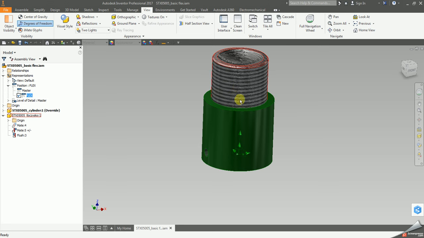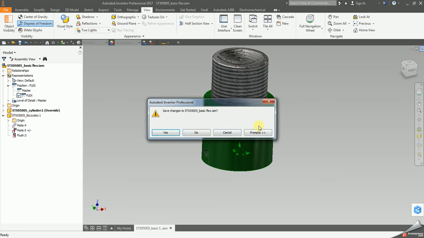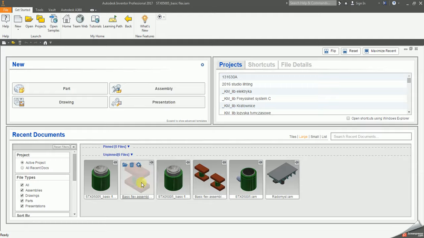So the mate constraints should prevent it from rotating, moving upside down, moving out of the cylinder or moving sideways; it should only be allowed to move along the axis. I will now close this assembly, not saving it.